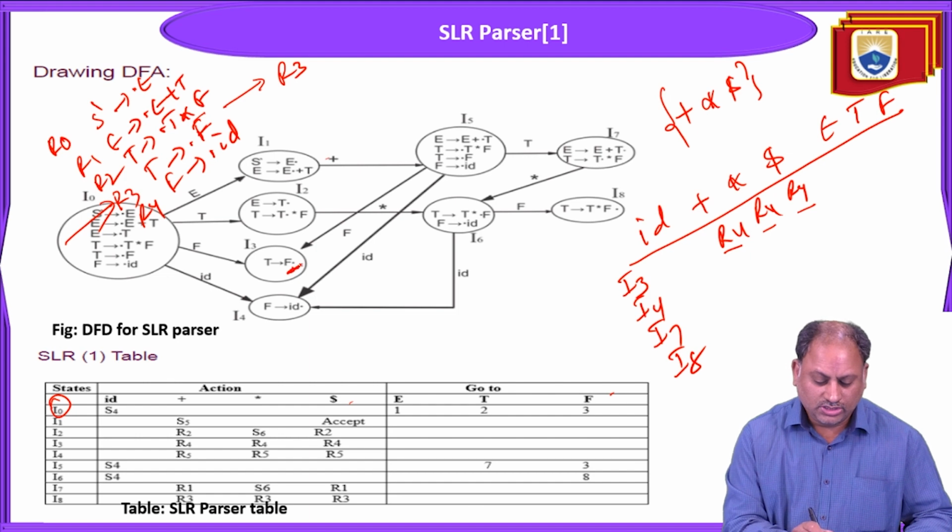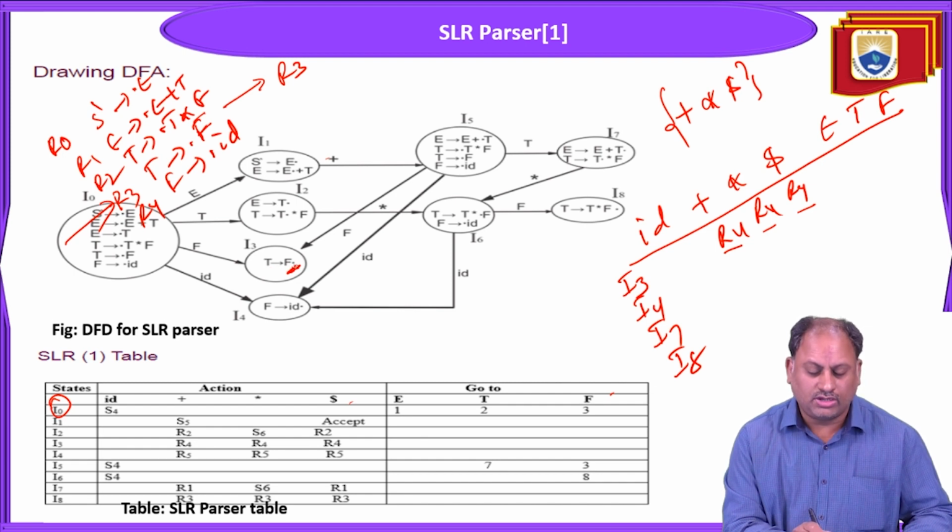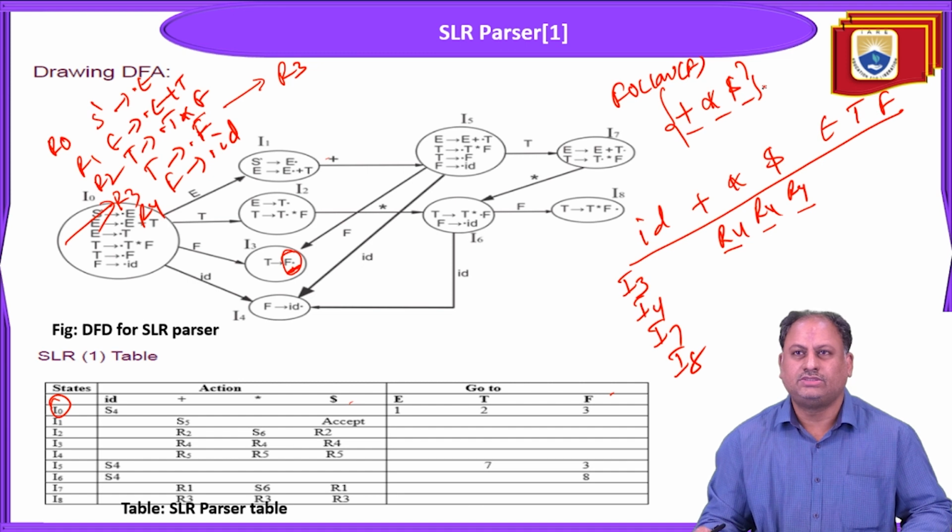Why? Because in the state I3 we got one production rule, that is T derives F dot. So in T derives F dot, the follow of F gives the entries plus, star and dollar. That's why I have written them.